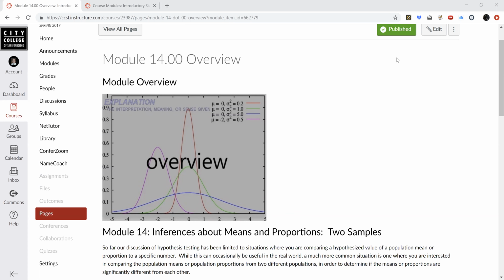But when you get down to it, a much more useful kind of hypothesis testing is when you're comparing whether the mean, if it's a quantitative variable, or the proportion, if it's a categorical variable, is the same, larger, or smaller, or different from the same population proportion from a different population.